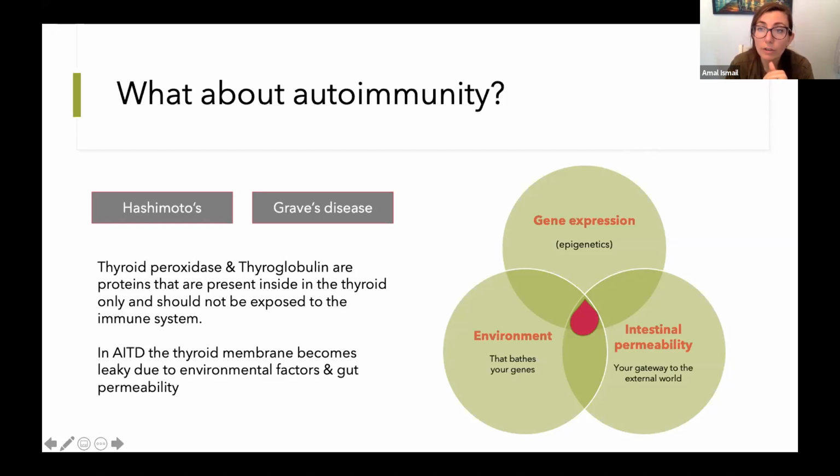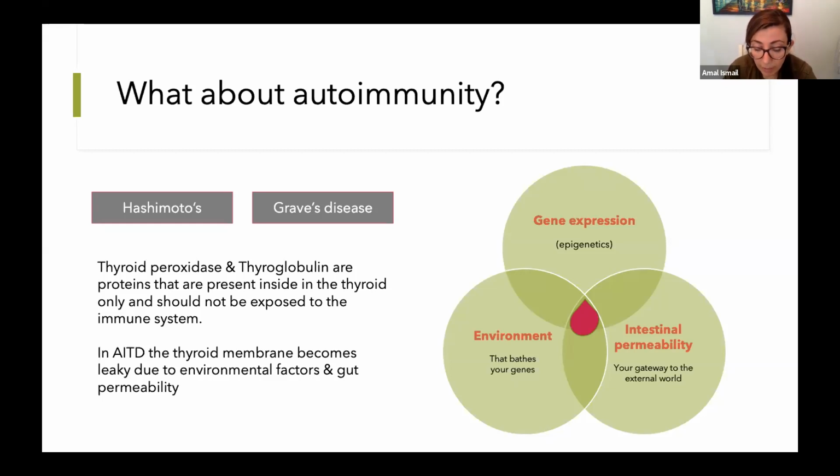So Dr. Alessio Fasano is really the godfather when it comes to understanding the root cause of autoimmune conditions.